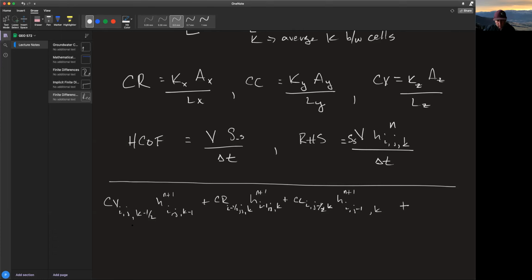This is parentheses minus CV i j k minus 1/2, minus CR i minus 1/2 j k, minus CC i j minus 1/2 k, minus CV i j k plus 1/2, minus CR i plus 1/2 j k, minus CC i j plus 1/2 k.